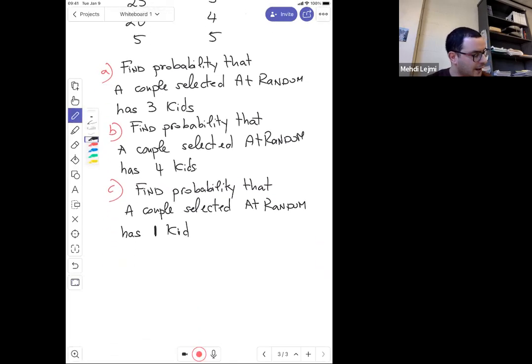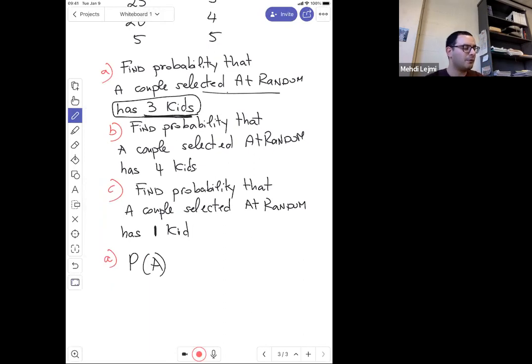So for A, the probability of the event A: find the probability that a couple selected at random has 3 kids. The event here is that a couple has 3 kids. What's the frequency of the event? How many couples have 3 kids?